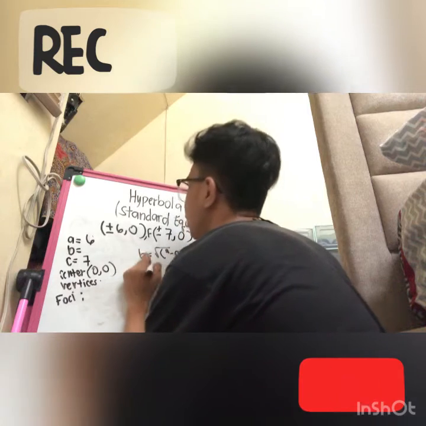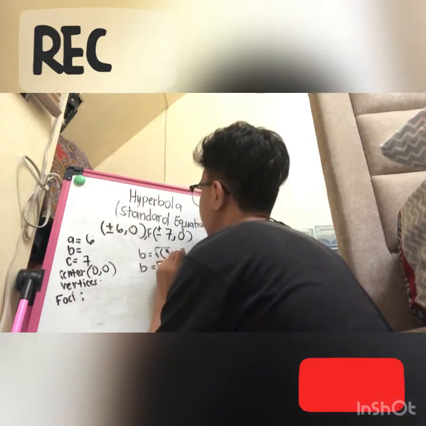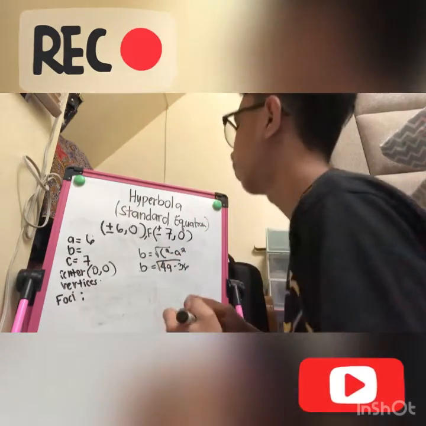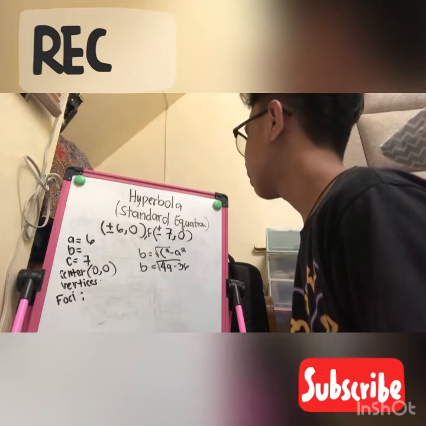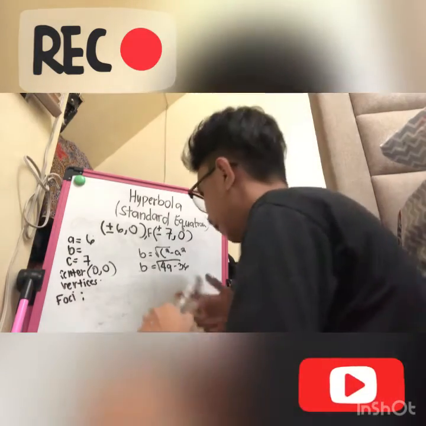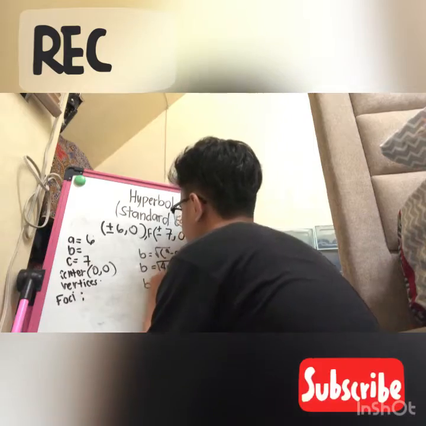So b equals the square root of 49 minus 36. 49 minus 36 is 13. So b is the square root of 13.